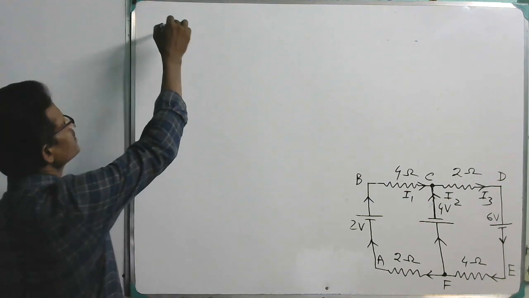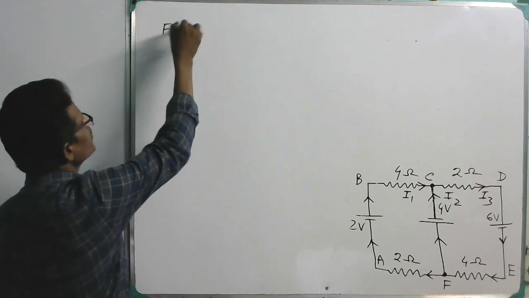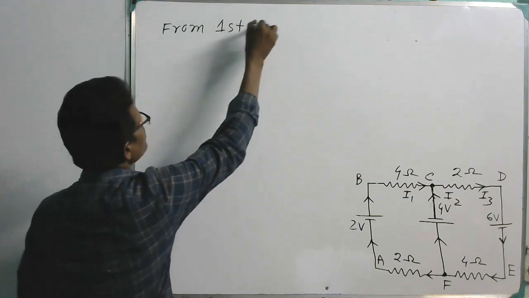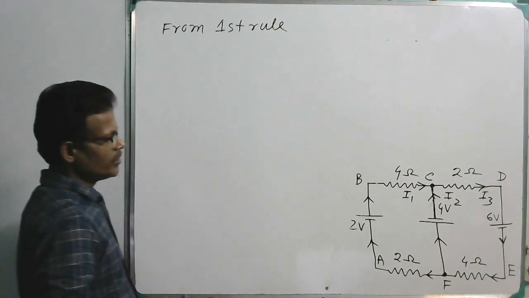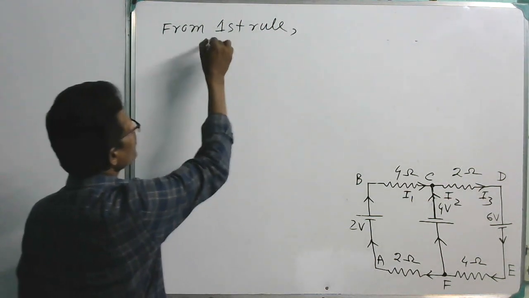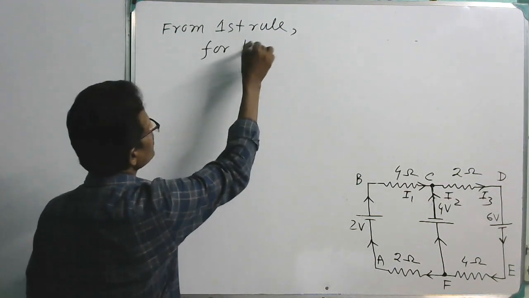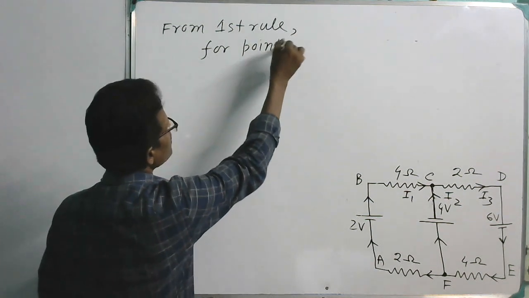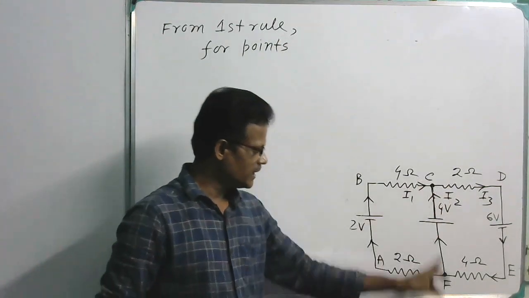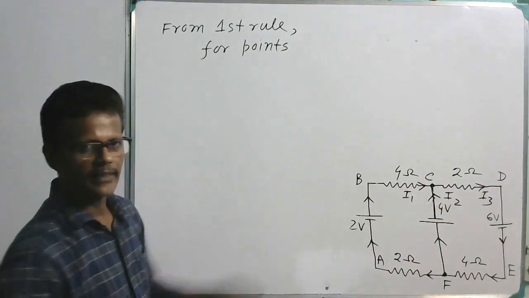So first, from the first law, the first rule, for a node or junction C or F, or any one point.